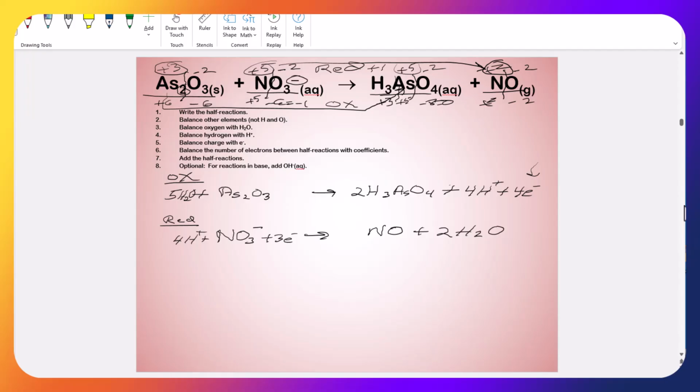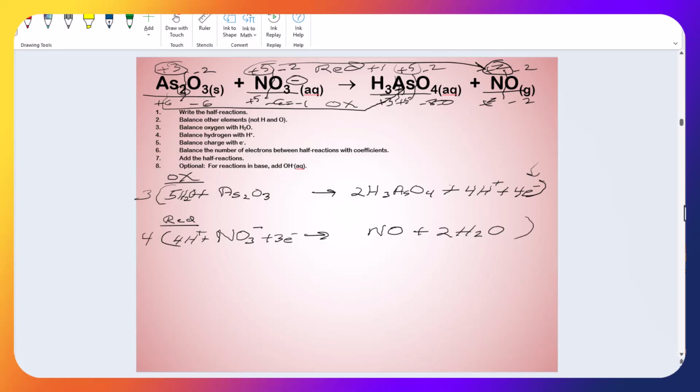Now that I've got the 2 half reactions balanced, I need to get the number of electrons lost to equal the number of electrons gained. The way I do that is, if I have 4 electrons being lost here and 3 electrons being gained here, I need to multiply this entire reaction by 3 and this entire reaction by 4.